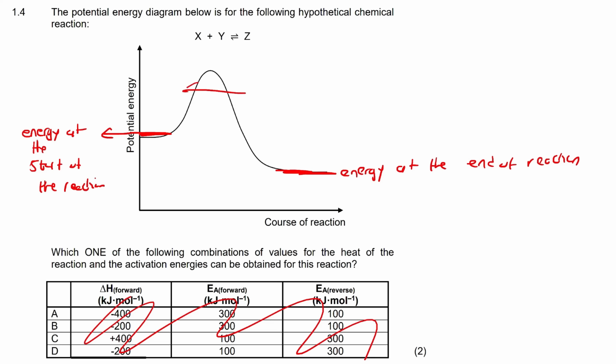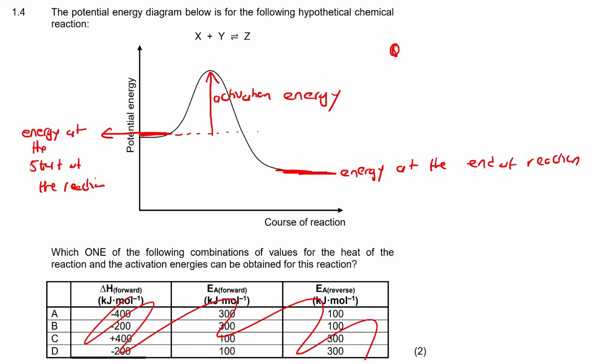If you're going in the reverse direction, then obviously this is the energy at the start, and then this is the energy at the end. Okay, now in order for the reaction to actually be able to start when you're going in the forward direction, you got to get the energy from here up to here. So that energy that you need is called the activation energy. Okay? But everything I've said there, that is for the forward reaction.